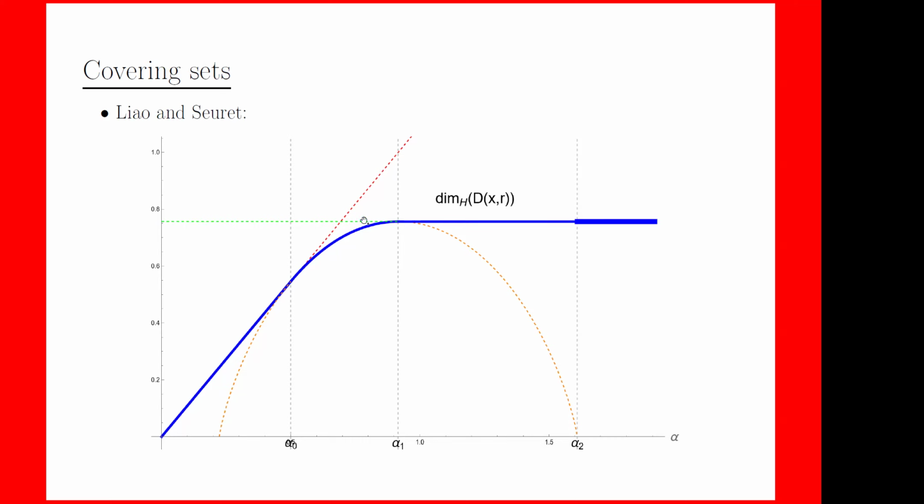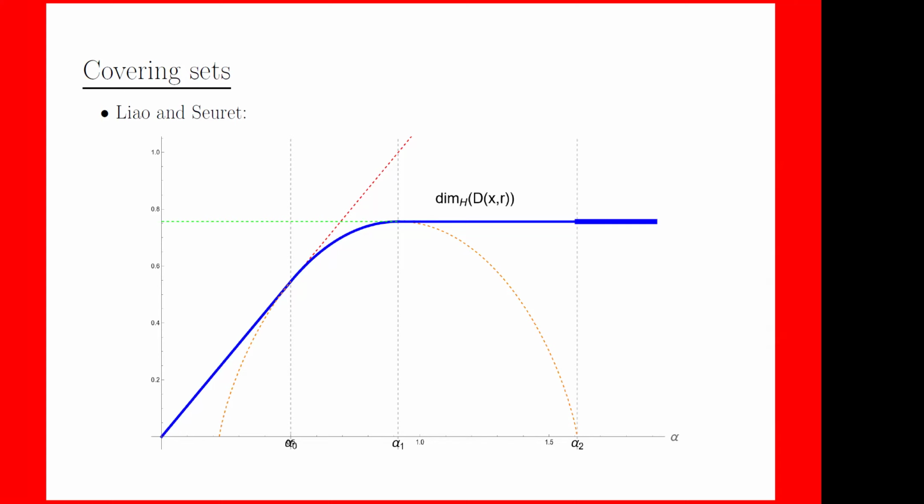And this is the value which corresponds to the local dimension, which corresponds to the dimension maximizing measure. And after that, you reach the full dimension. And until your multifractal spectrum runs out, after that, you really cover everything.